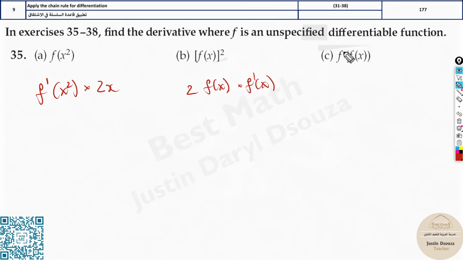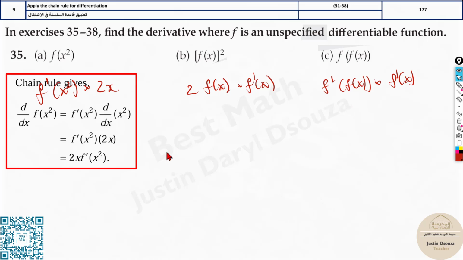This one is outside and then multiplied by this function. When we derive this, it's going to be f prime of f of x, that's the outside derived. Then whatever is inside, derive f of x, and the derivative of x is 1 basically. So it's the chain rule here.